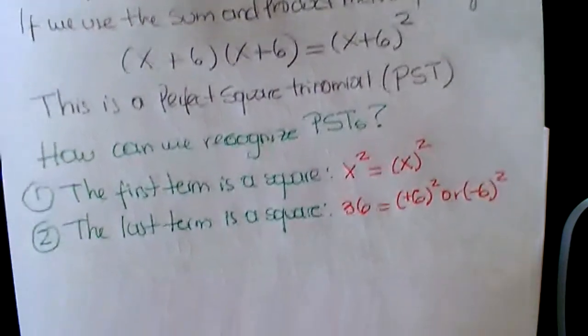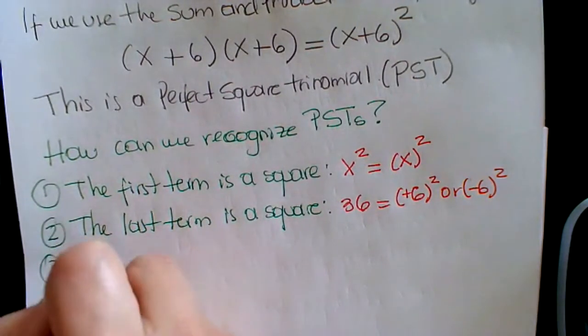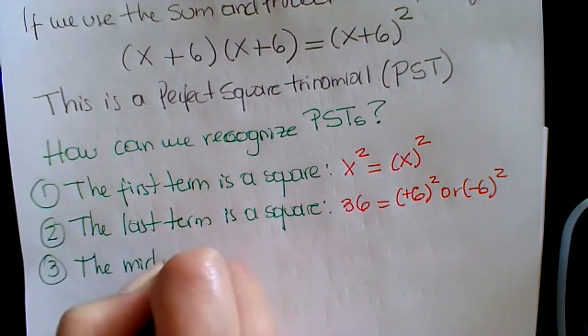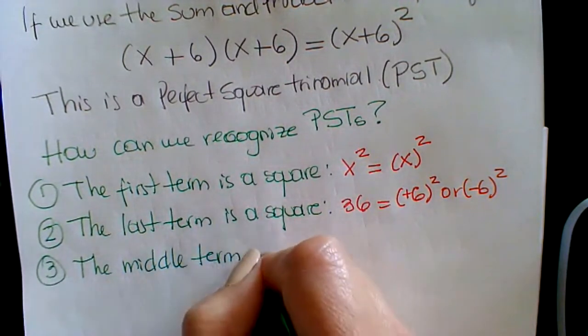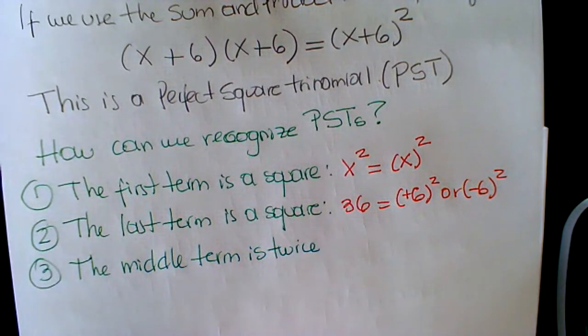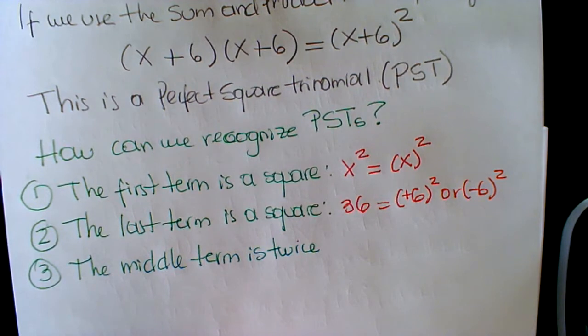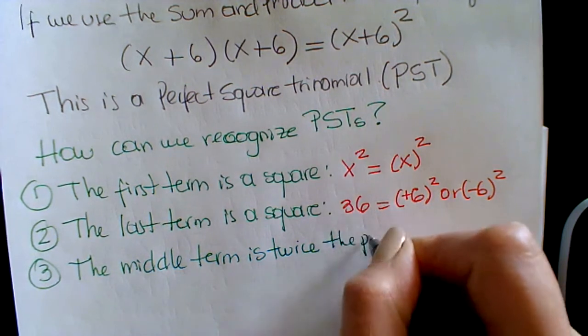Now, the middle term is what? Is twice the product of the first term and the last term.